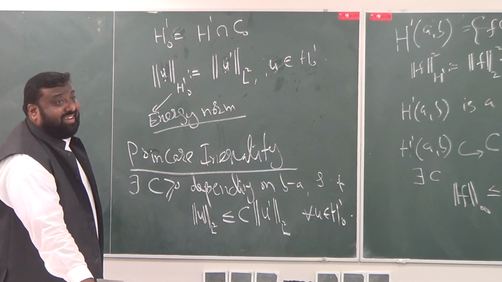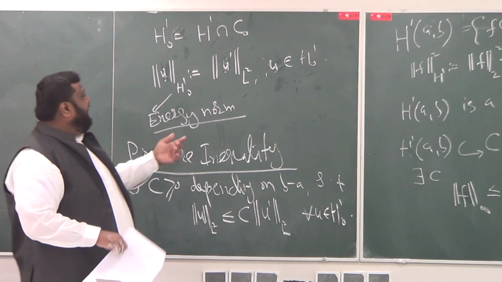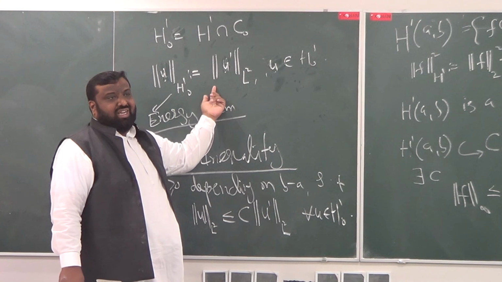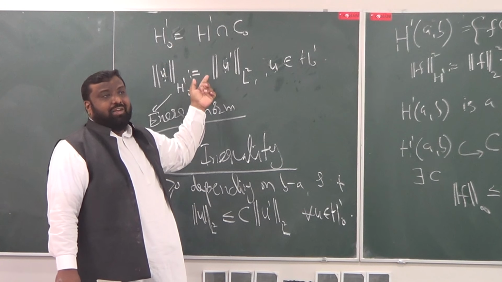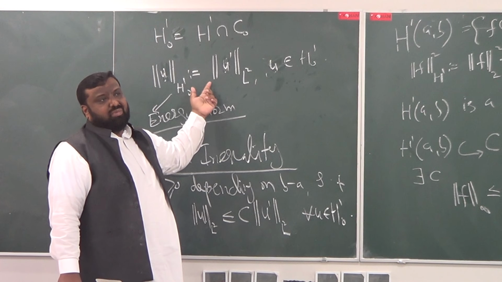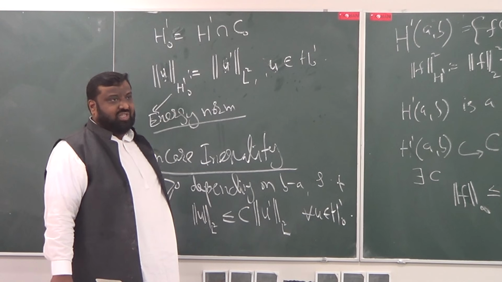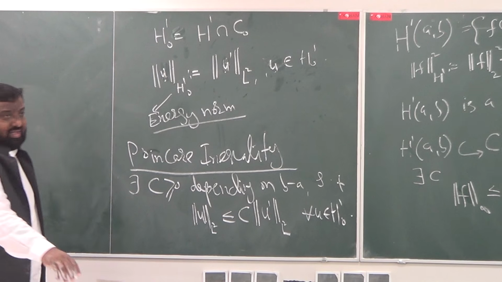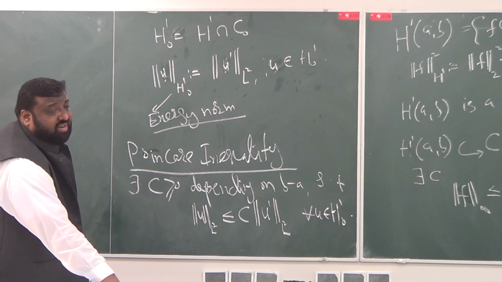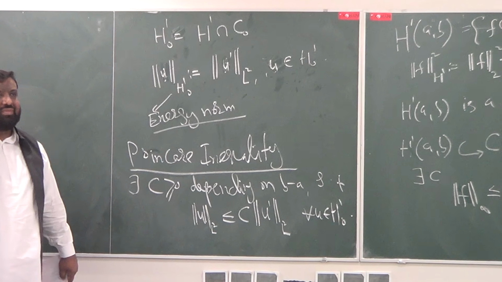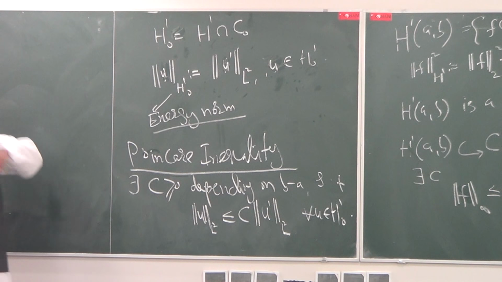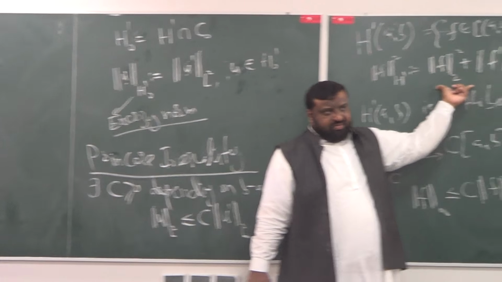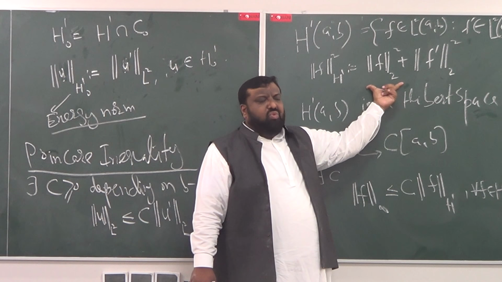Now did you get the answer? That is why in this expression you don't need the L2 norm of u to be included here. Does it make sense? Why is this sufficient? Anyone? See, when you are defining this, what do you want to make sure?